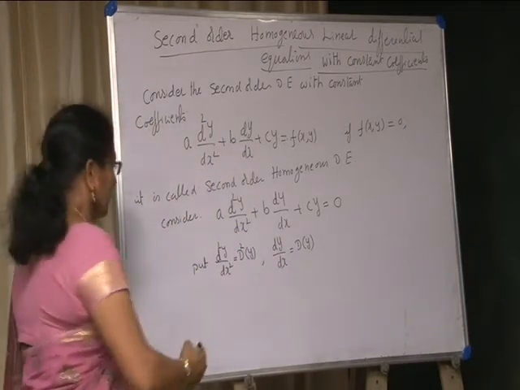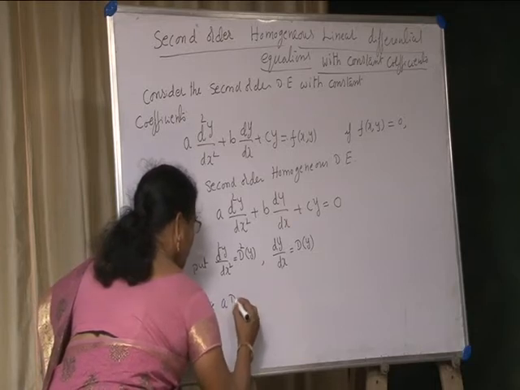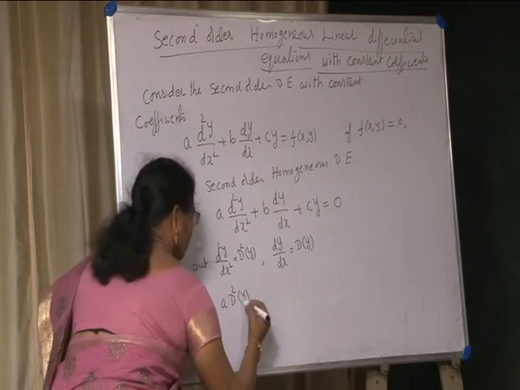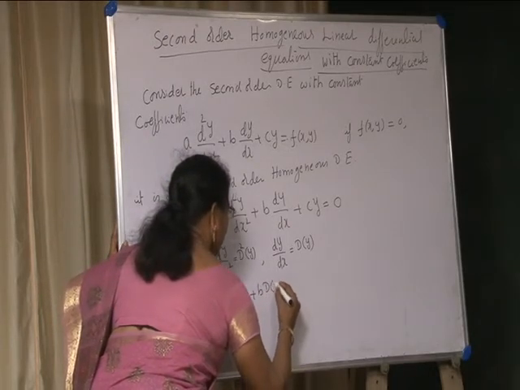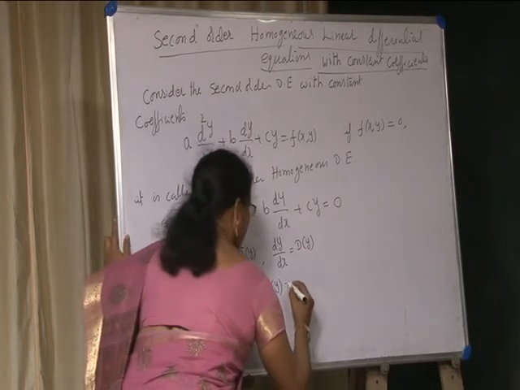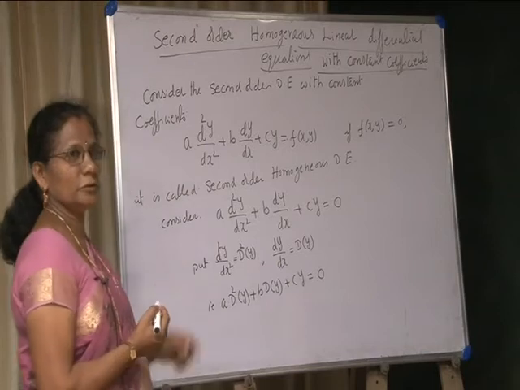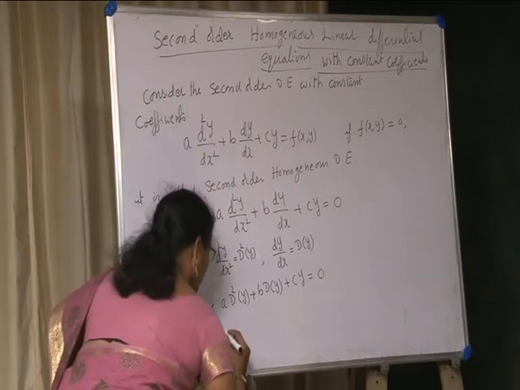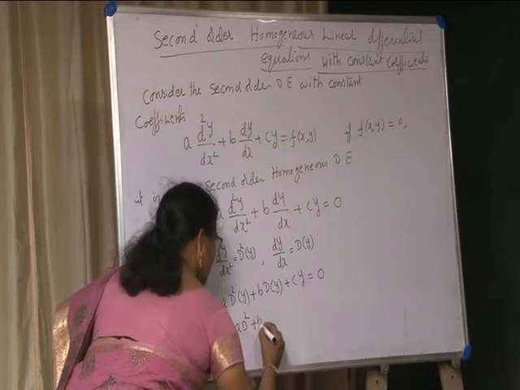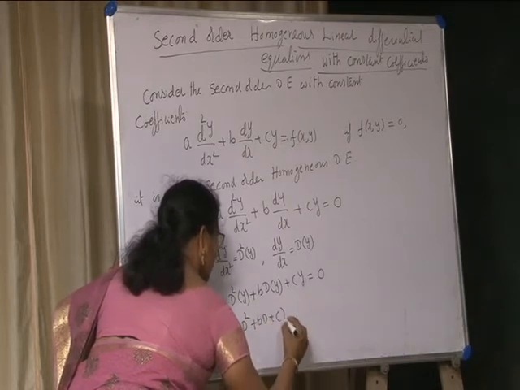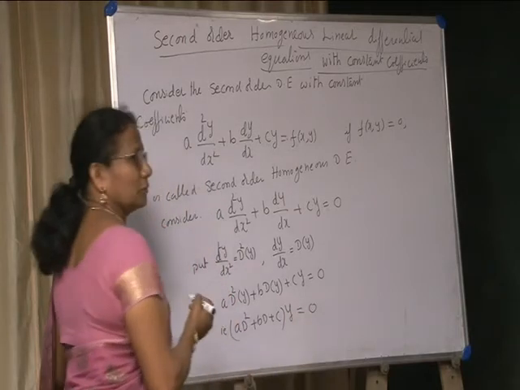That is, the equation becomes a into D squared y plus b into Dy plus c y is equal to 0. That can be written as (a D squared plus b D plus c) of y is equal to 0.